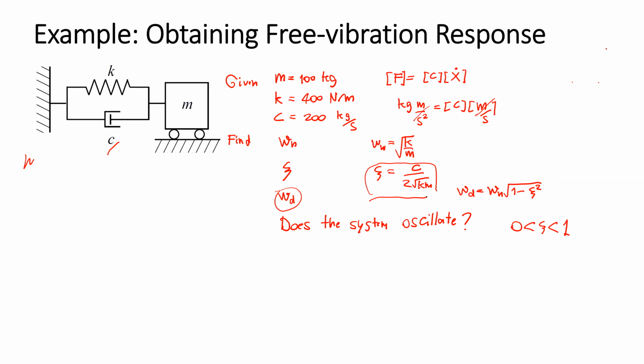The next thing for a problem like this is the initial condition problem. What if we are given x0 equal to 0.1 meter and v0 equal to 0 meter per second?